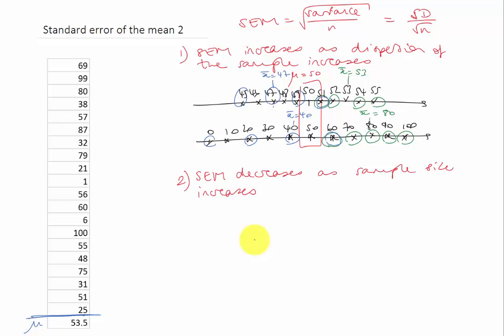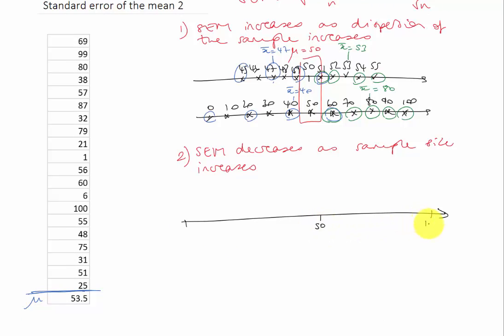Okay, so let's take this data set here that I've taken from a random number generator online, and here's the population mean, 53.5, and I'm just going to take a few random samples from this and we'll see what happens. So here the measurements go from 0 to 100 and our population mean is 53.5. Okay. So there are 20 measurements in my population.